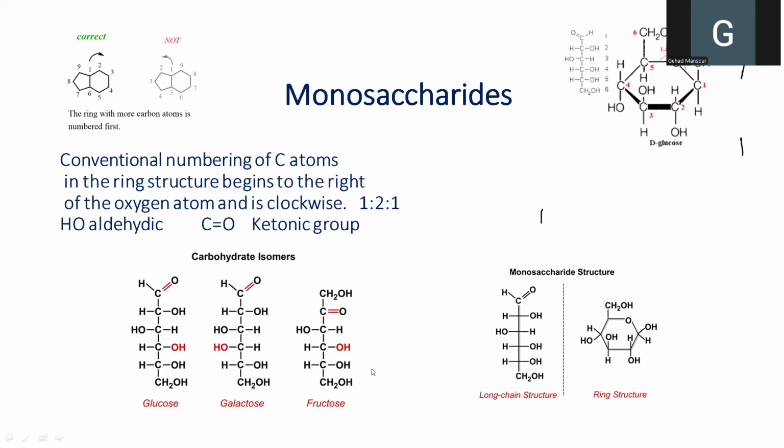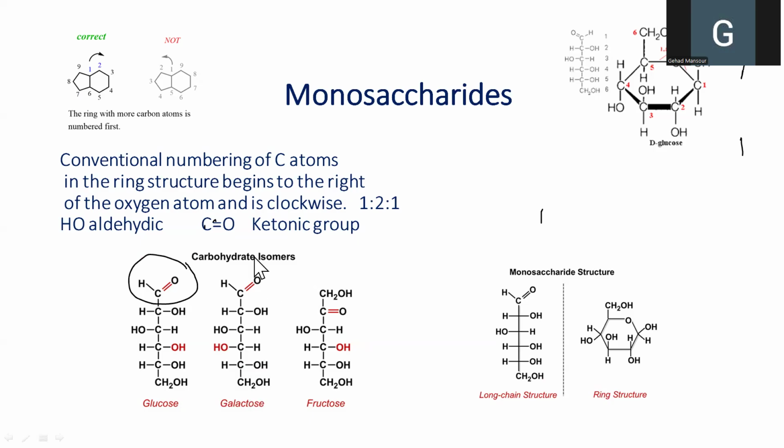But now we're going to go over the three major hexoses: glucose, galactose, and fructose. As you can see here, in glucose, you have the aldehydic group.